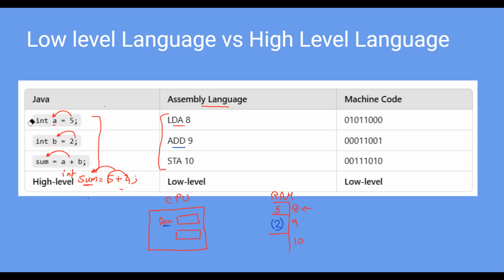So you remove the 5 and you put 7 there. But at the end, it is still saved in the CPU, it's not yet in the RAM. STA 10 says, get whatever result you reached from the previous arithmetic operation in the CPU and store it at address 10. So we take the 7 and store it in address 10.